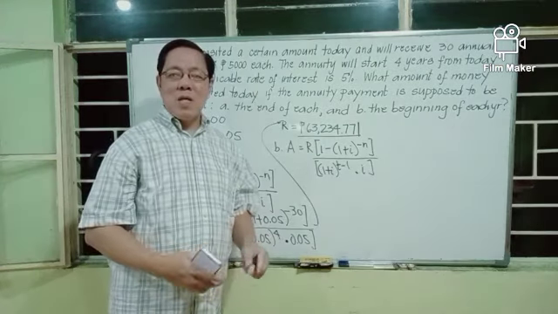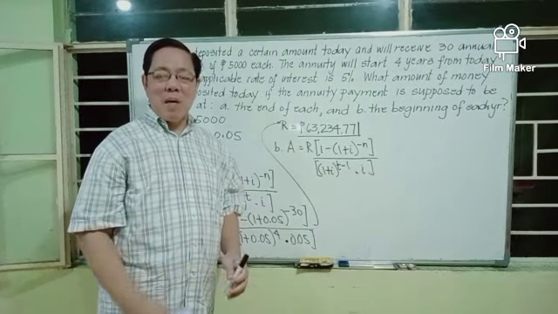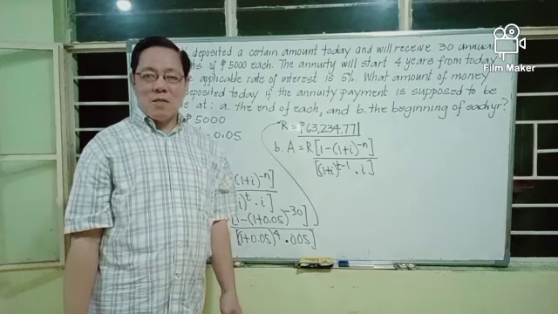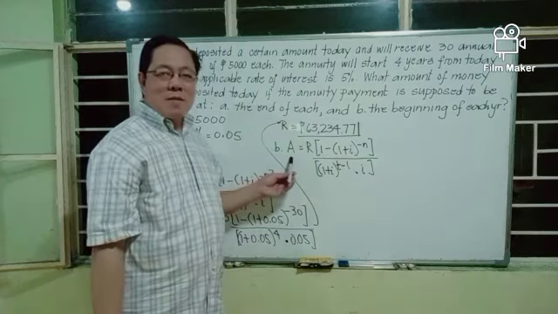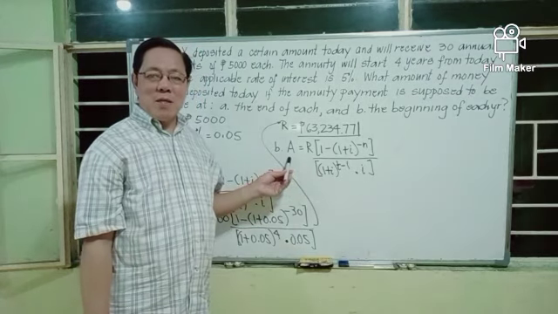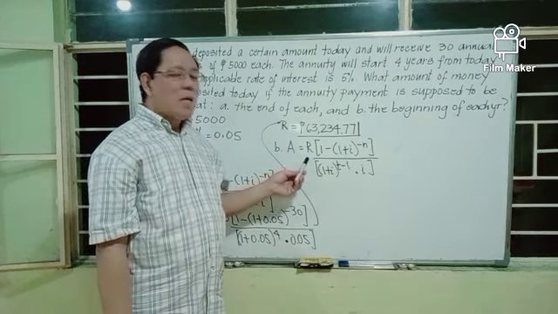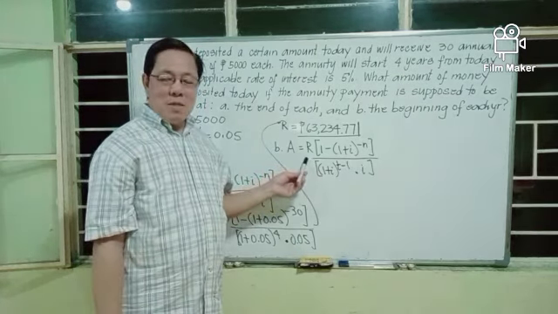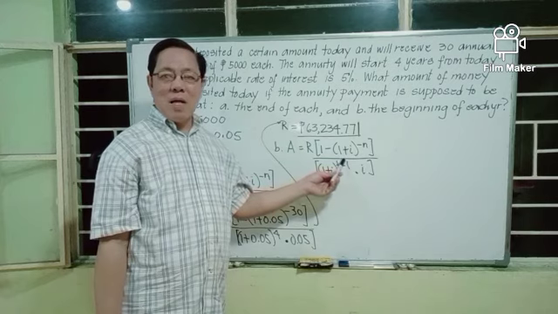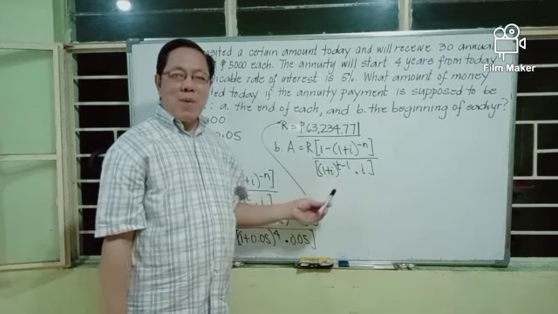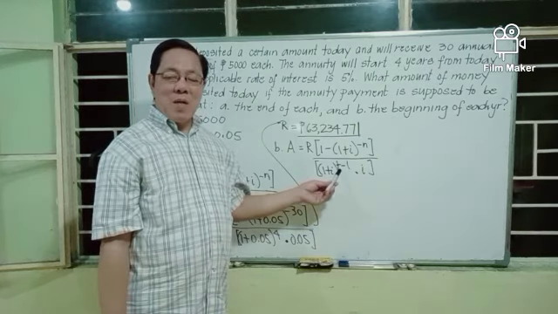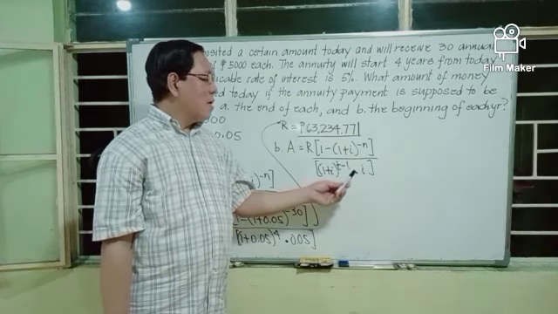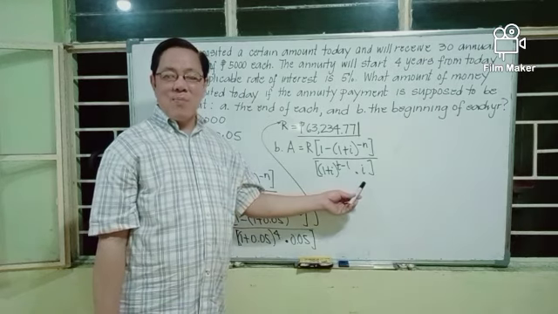The accumulated value of the annuity deferred, if payments are made at the beginning of each period, is computed by this formula where A denotes the accumulated value, is equal to R, the regular payments, multiplied by quantity 1 minus 1 plus I to the power minus n, all over 1 plus I to the power t minus 1. We subtract 1 from the number of deferred payments, multiplied by the interest rate per period.